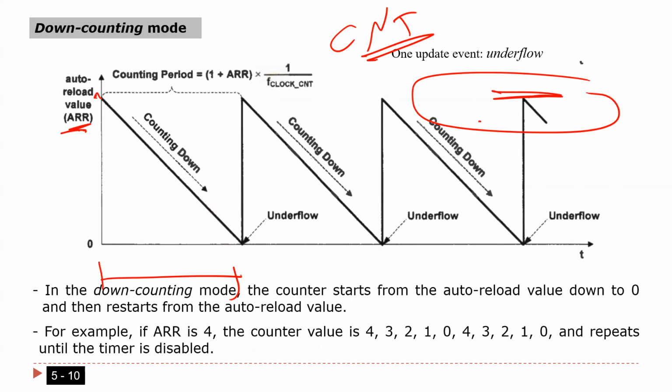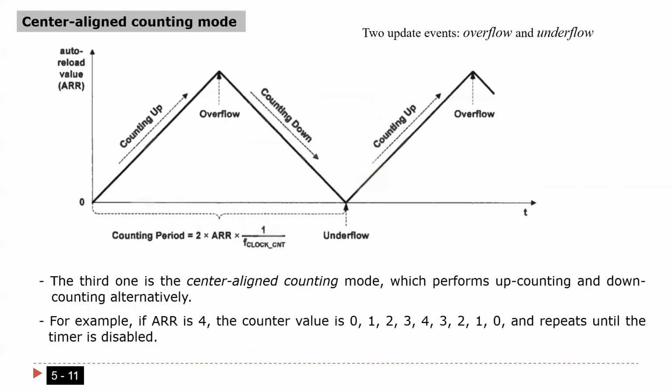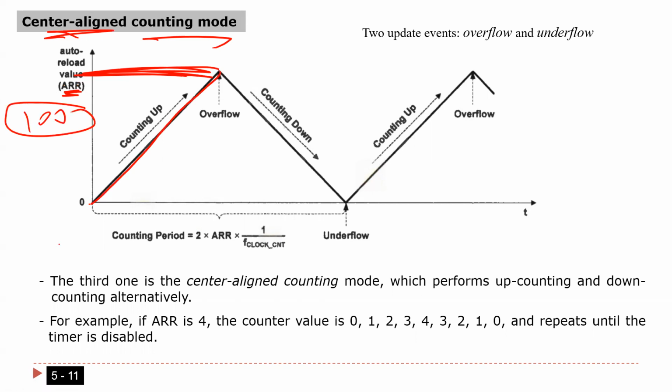Okay. There is another mode, the last mode we have. We call it center aligned counting mode. As you see here, guys, it's going to count from 0, increment until ARR. Again, don't be confused. ARR is just a register. You can write whatever you want here, if you want to count to 100 or 200, 300, whatever you want.